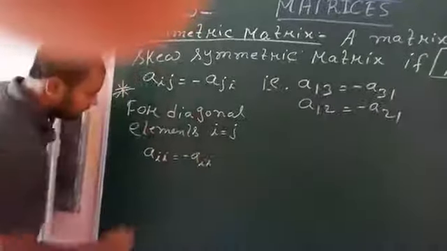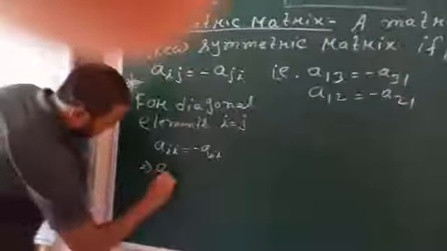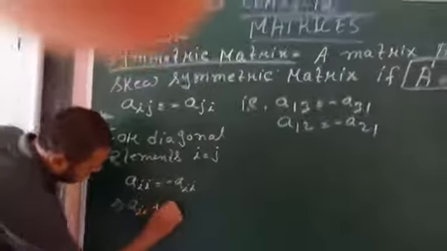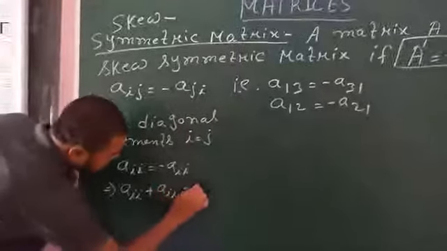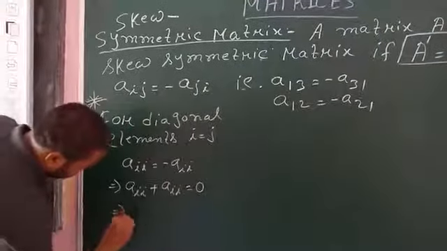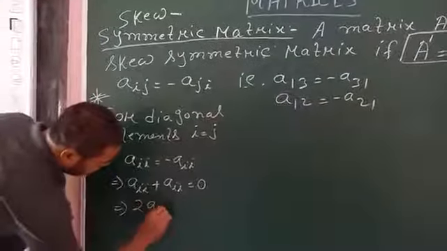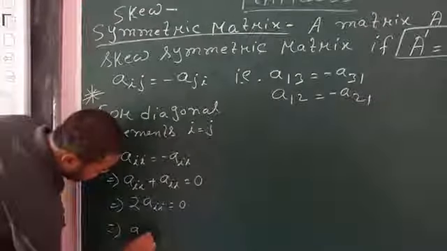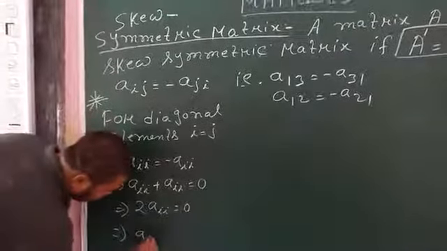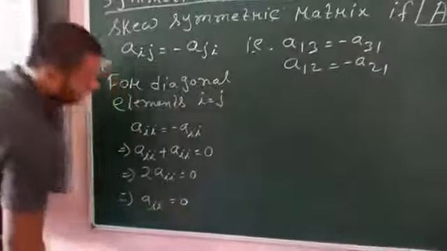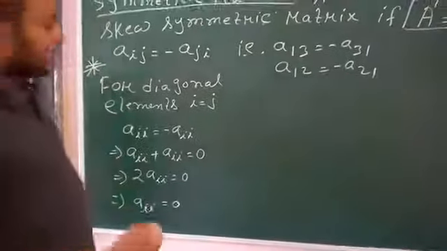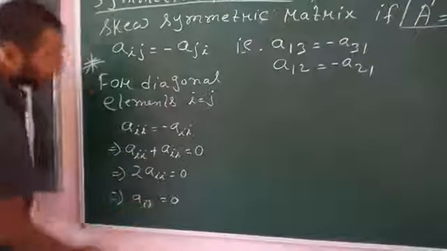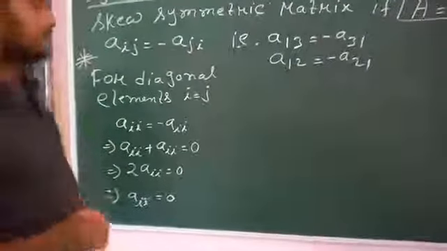That means Aii plus Aii will be 0, that means 2 times Aii is 0. So Aii will be 0. So the diagonal elements of a skew symmetric matrix are always 0.